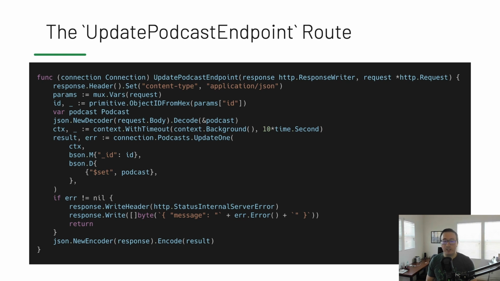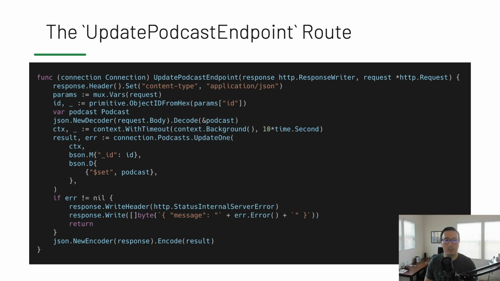The update. So again, not too much different from what we've seen so far. This is probably the more complicated of the requests, just because of how it works with HTTP and the Gorilla Web Toolkit. But we set our response header. This time around, we're going to get the variables from the route.